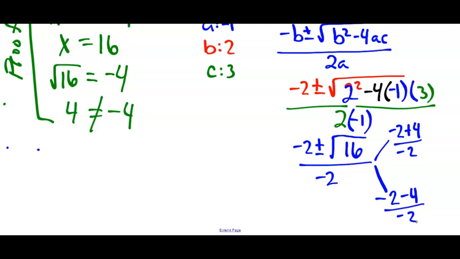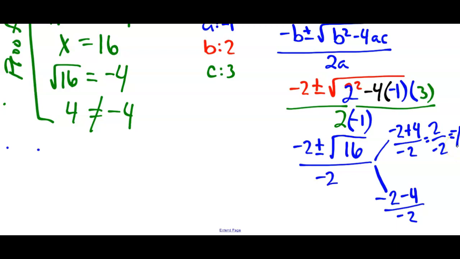Well, negative 2 plus 4 is 2. 2 divided by negative 2 is going to be negative 1.